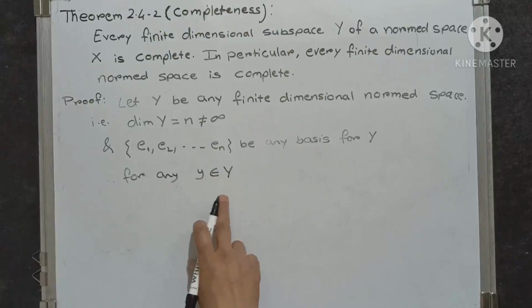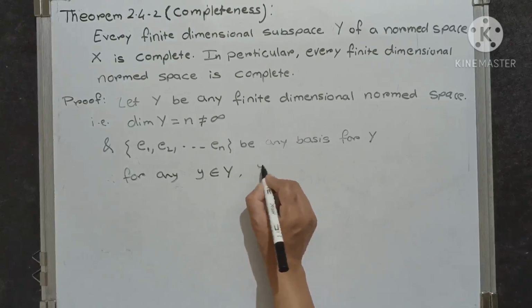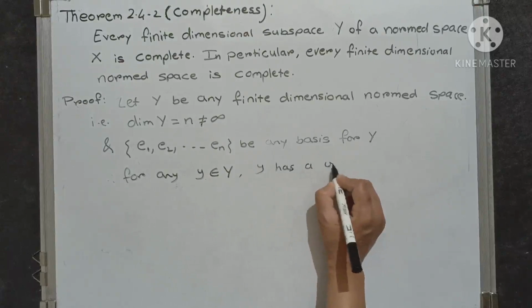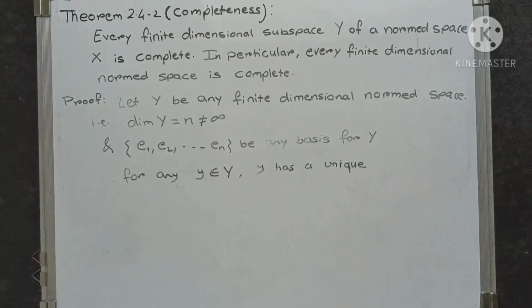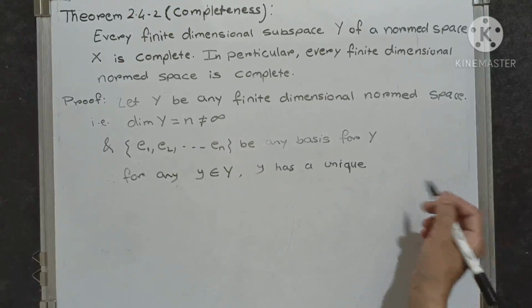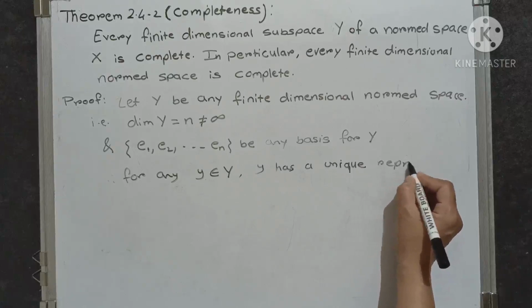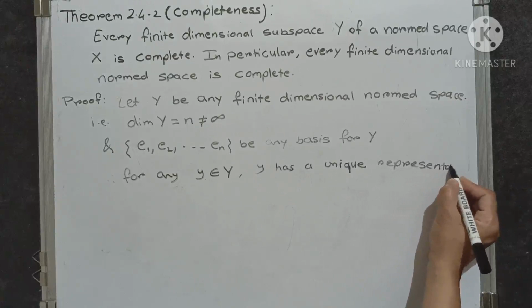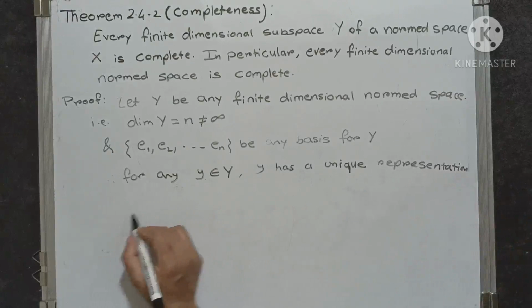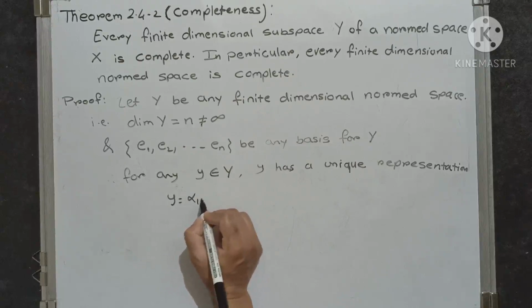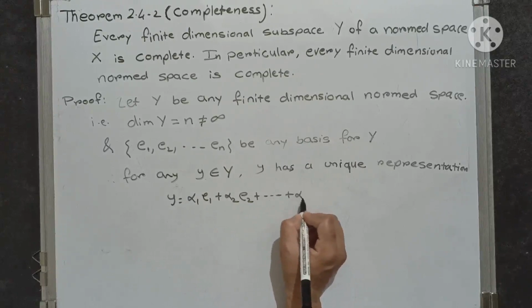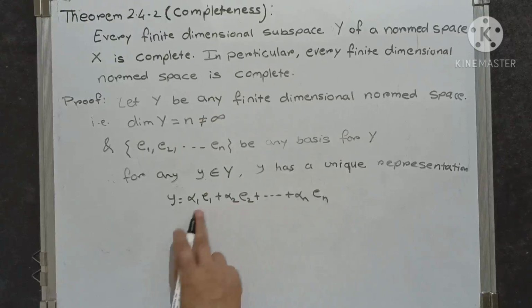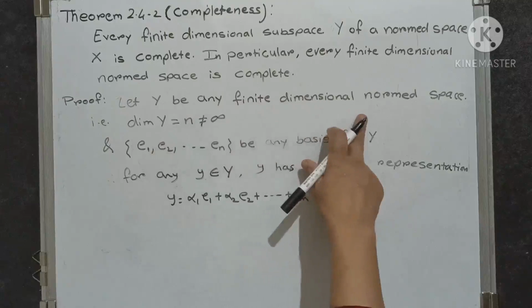That is, for any y belonging to capital Y, small y has a unique representation: y equals alpha 1 e1 plus alpha 2 e2 up to alpha n en, where alpha 1, alpha 2, up to alpha n are scalars. This is about the finite dimensional normed space.